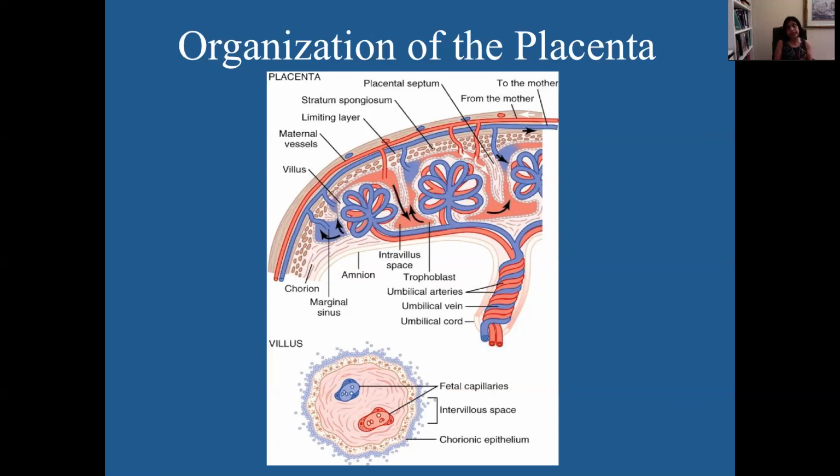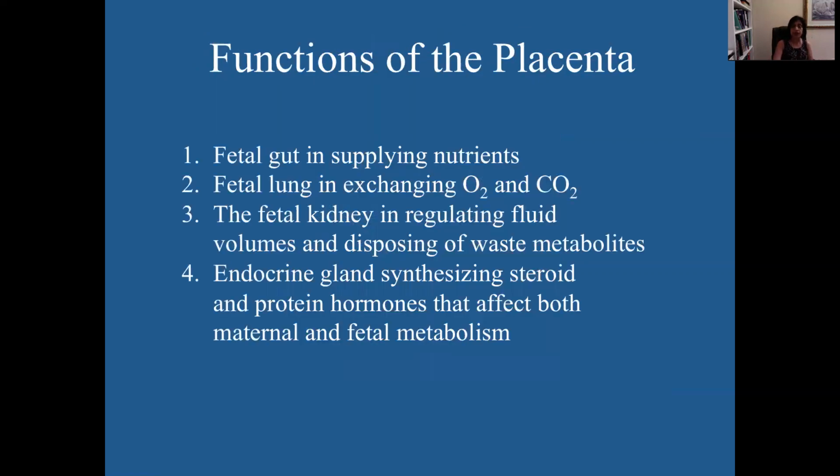Placenta is an endocrine structure. We will look at the hormones made by the placenta. We know that corpus luteum makes estrogens and progesterone, and is important in maintaining pregnancy in the early part of pregnancy.